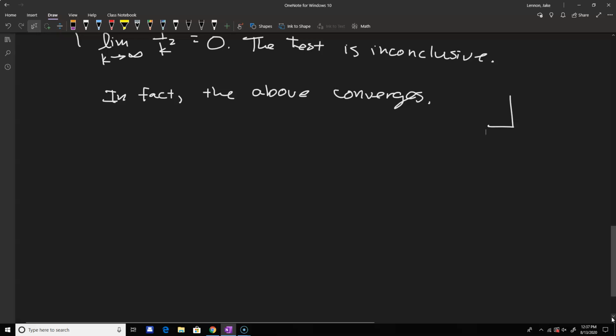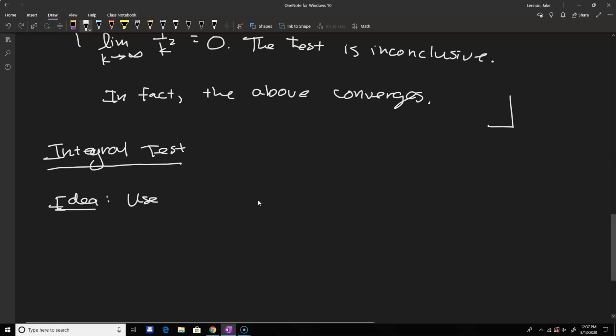There's a few ways to do it. We don't necessarily need the harmonic test, but a lot of times the harmonic test will show where this comes from. So the idea of the integral test is to use Riemann sums to compare series with integrals.